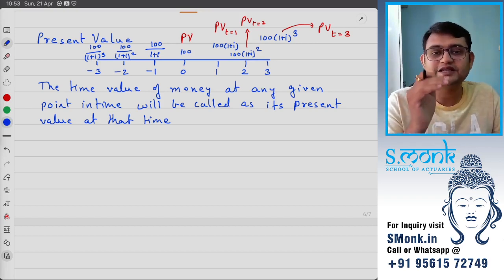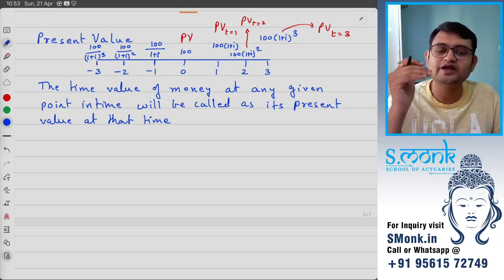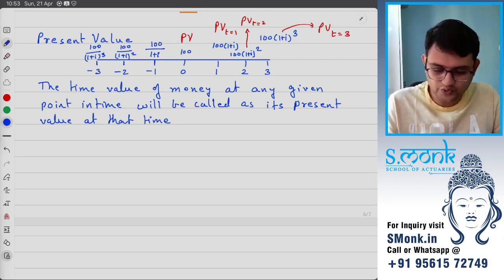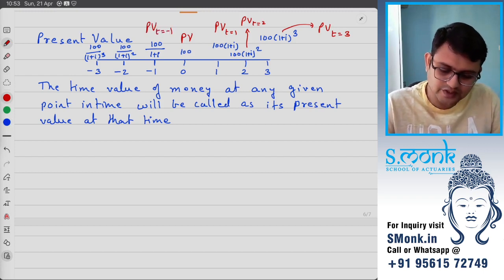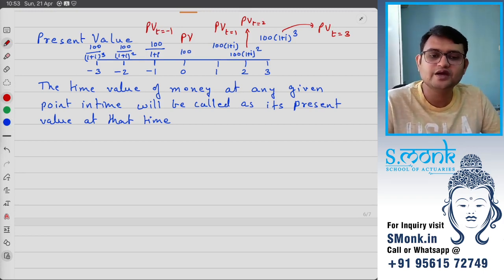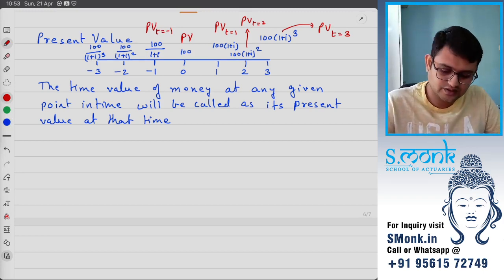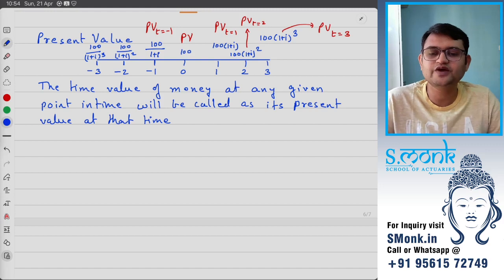So even if money did not exist at that time, it does not mean it was not in the form of some other value. Okay. So this I can write as present value at time minus 1. Similarly, present value at time minus 2 and present value at time minus 3. So present value is nothing but the time value of money at any given point in time.